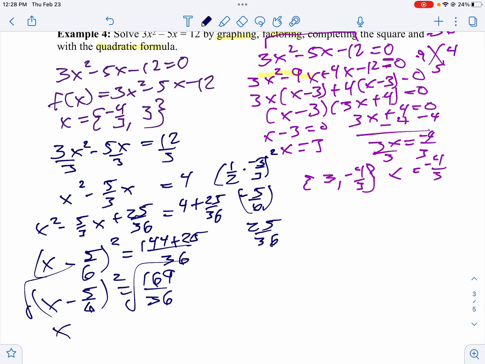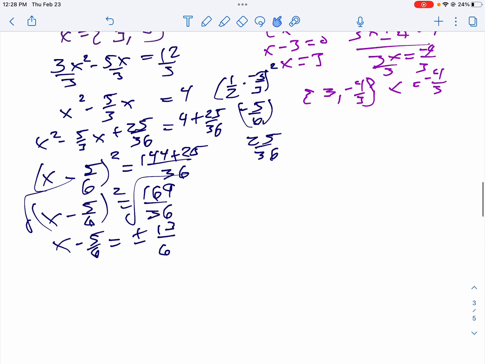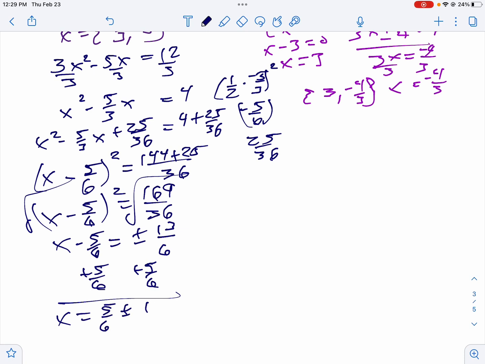So then I get x minus 5/6 equals plus or minus the square root of 169, which is 13, over the square root of 36, which is 6. So then I will just add 5/6 to both sides. So then I get x equals 5/6 plus or minus 13 over 6.